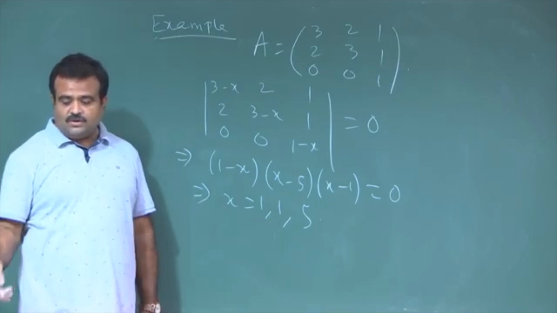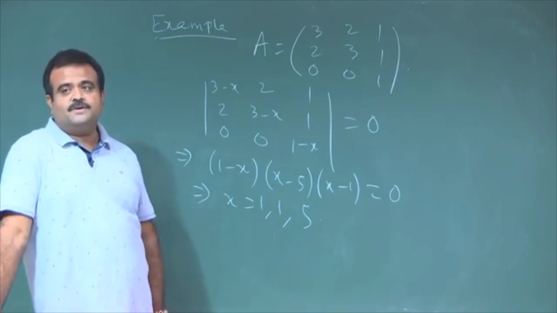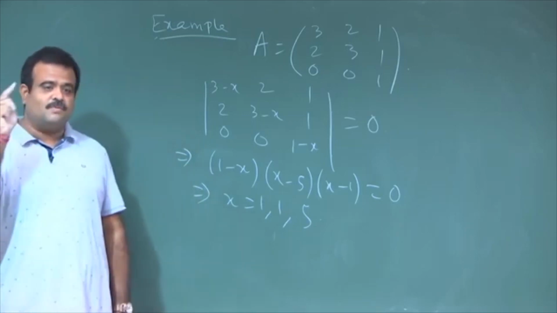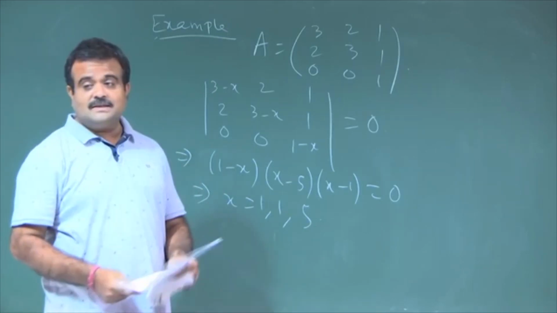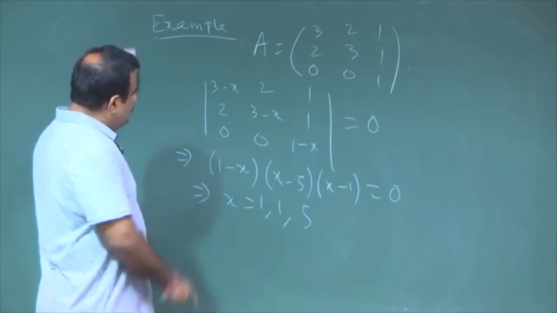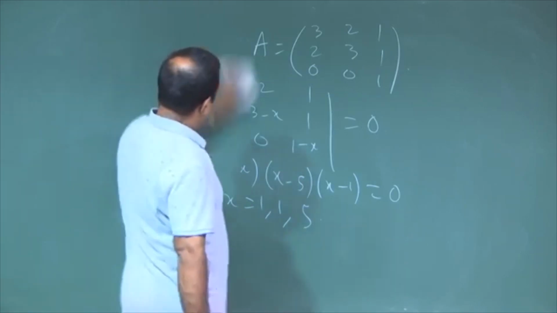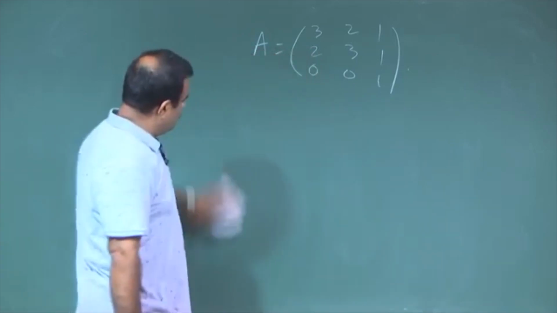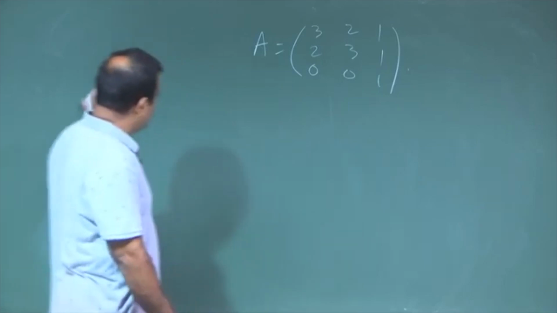For 1 we need the geometric multiplicity to also be 2. It must be less than or equal to 2, because geometric multiplicity is less than or equal to algebraic multiplicity. So, we have to find the eigenvectors corresponding to 1, and if we can get two distinct eigenvectors corresponding to 1, then we are done.